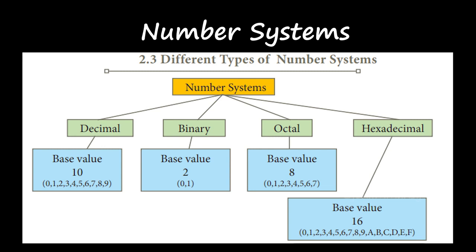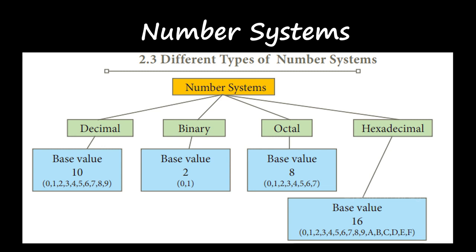So decimal number system means normal numbers from 0 to 9, which we are using in mathematics. And binary number, in the sense, we have only two numbers, that is 0 and 1. With the 0 and 1, the whole number system is made for this binary number system. Since it is having only 2 digits, the base value is 2, right?